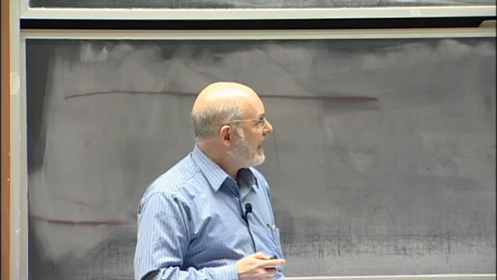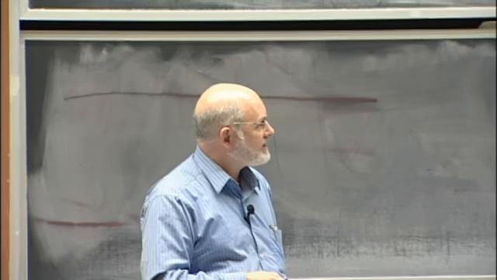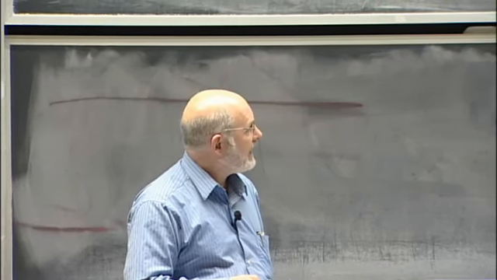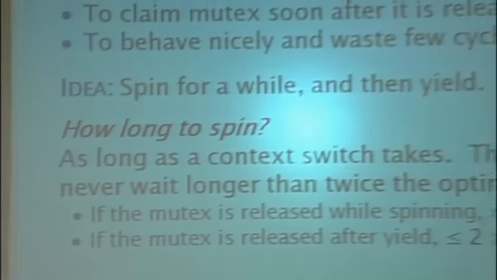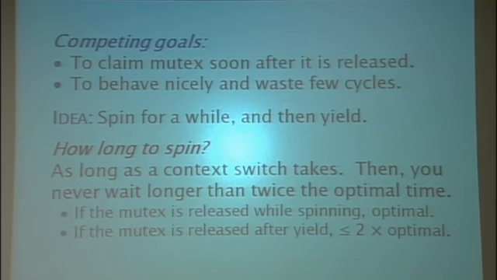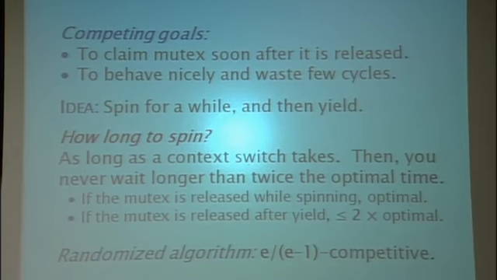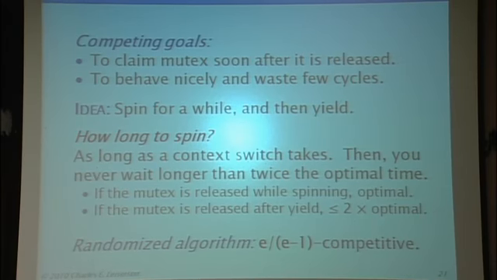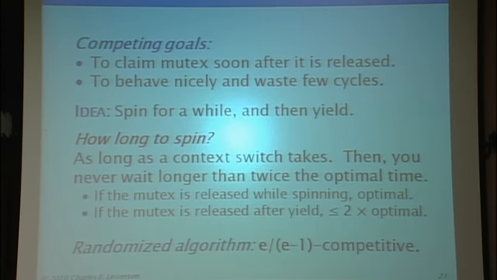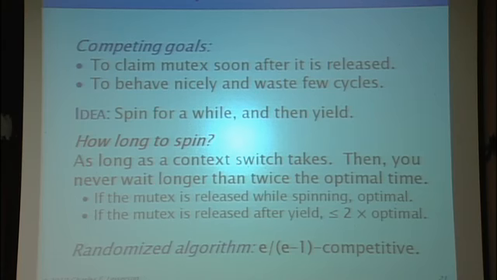Now, it turns out, if the mutex is released while spinning, that's optimal. If the mutex is released after the yield, you're within twice optimal. Turns out that 2 is not the optimal value. There's a randomized algorithm that makes it e over e minus 1 competitive, where e is the base of the natural logarithm.